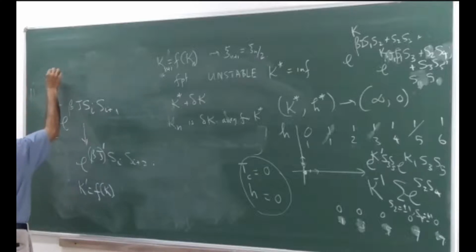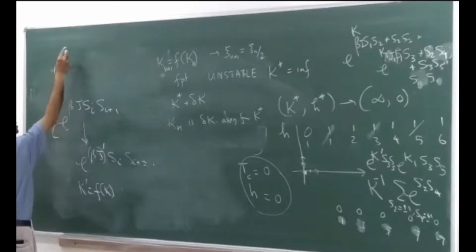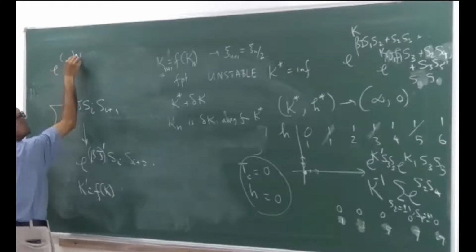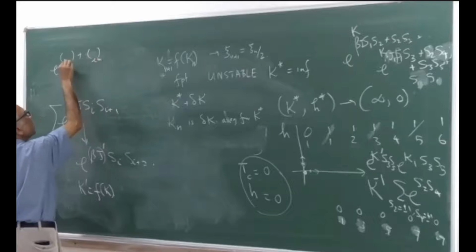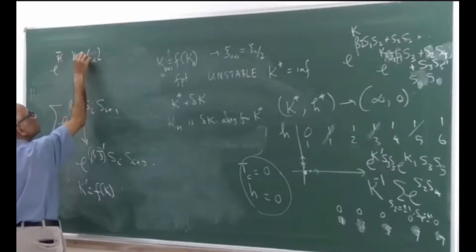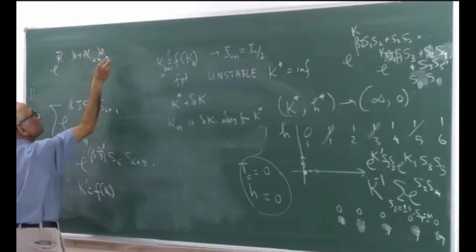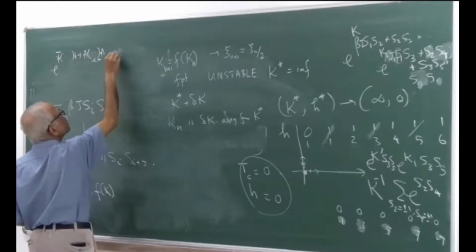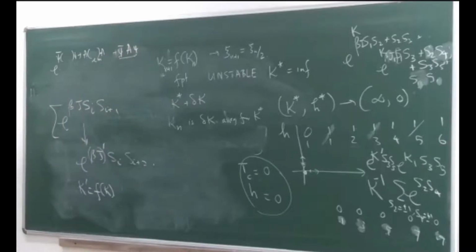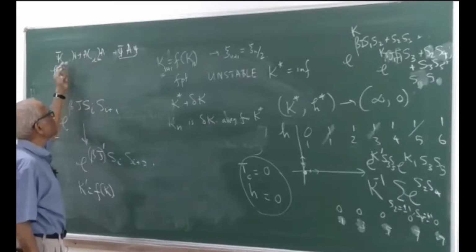Say I were to do QED, and I have the Dirac part, I have the EM part, and all these are quadratic. Here is some psi bar psi, here is some A, and then you have psi bar A psi, your coupling between the electromagnetic and the Dirac field.